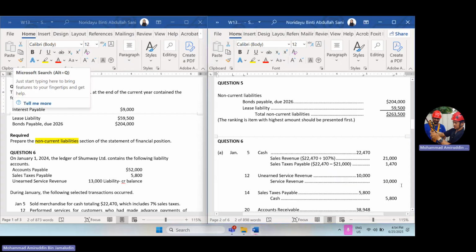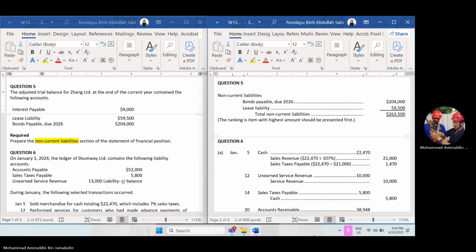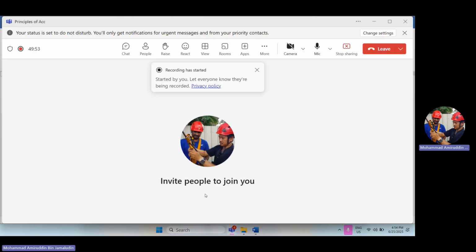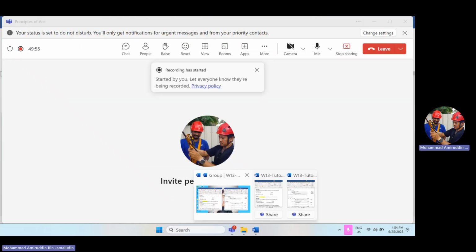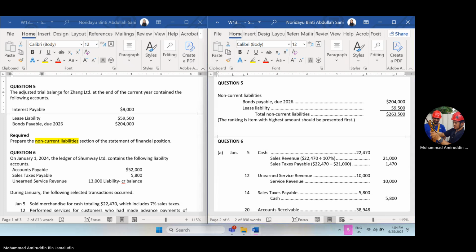Okay, question 5. Provided the adjusted trial balance for a company at the end of the current year contains the following accounts: interest payable, lease liability, bonds payable. Prepare the non-current liability section. Very simple, right? Meaning an extract of SOFP.